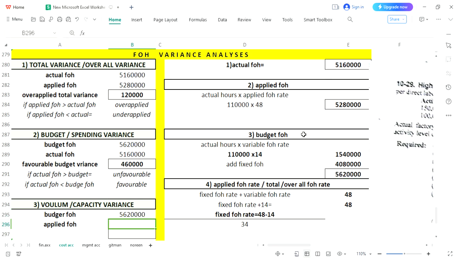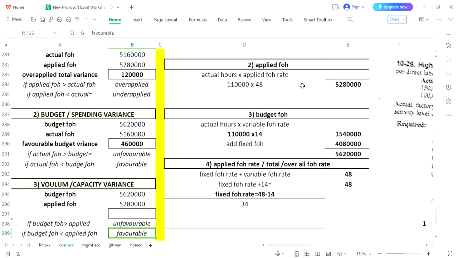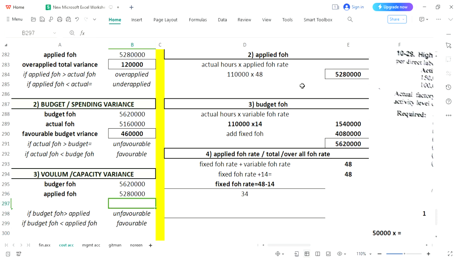Then you need applied FH, and by putting the formula you have calculated 52,80,000. It's time to calculate its variance by taking the difference of budget and applied.